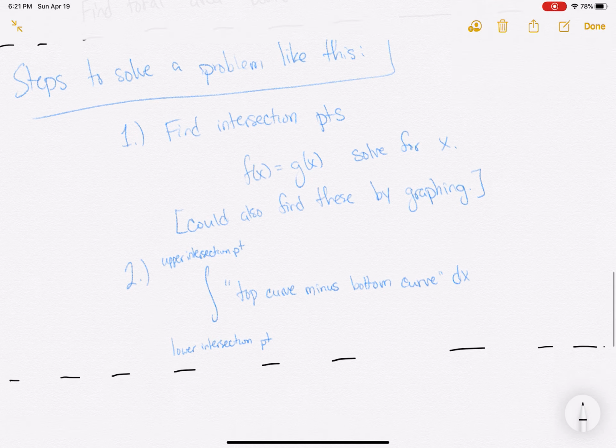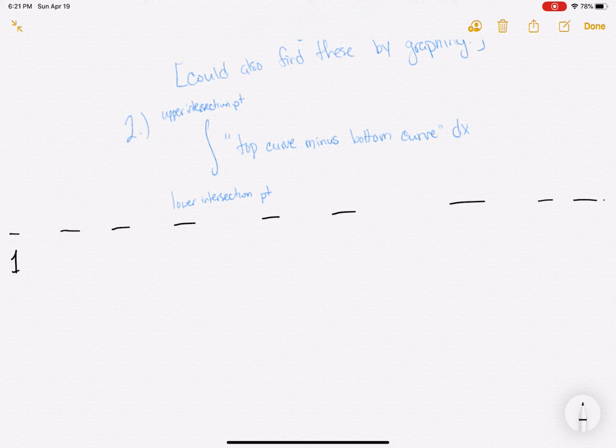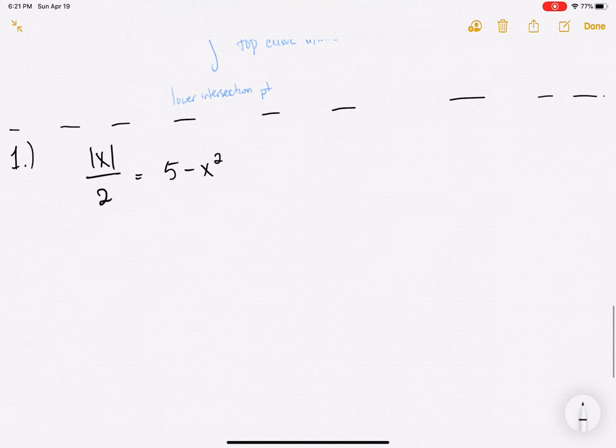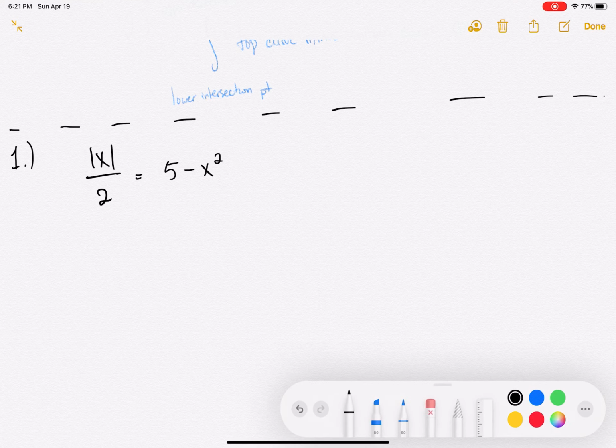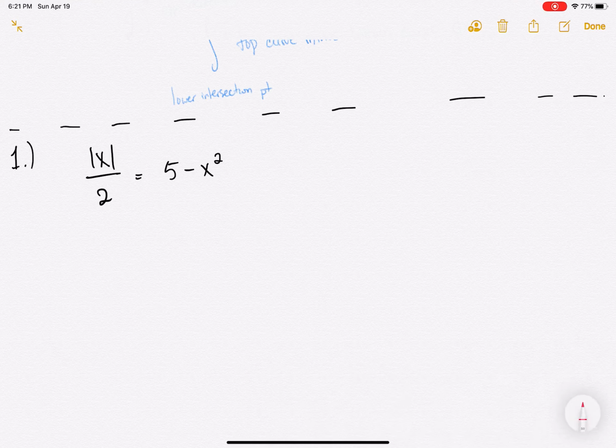Okay, so let's do that. Let's do step 1, find the intersection points. x over 2 equals 5 minus x squared. Okay, you're going to start to freak out because you see an absolute value sign. I'm going to help you out here. Don't freak out when you see an absolute value sign.